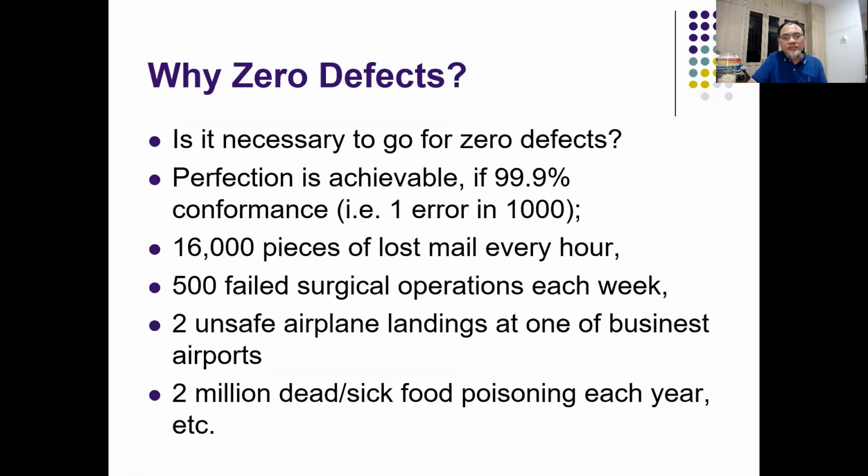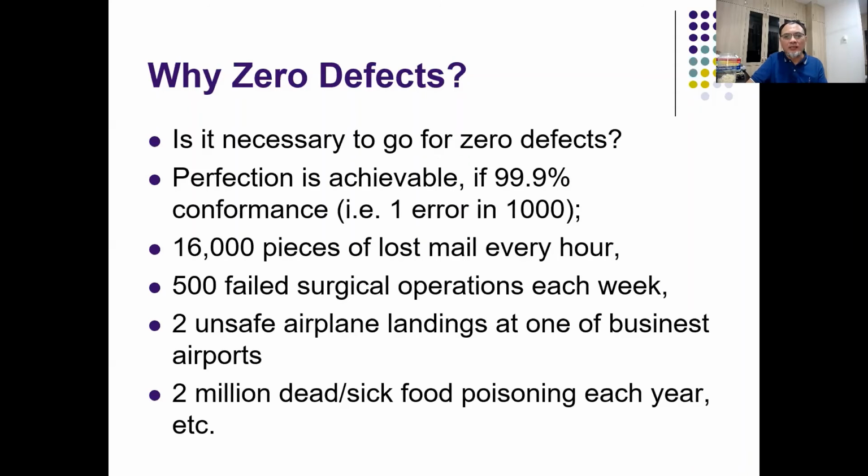Okay, is it necessary to go for zero defects? Yes, it is important because perfection is actually achievable. Imagine if you say that your process is 99.9% conformance, which is there will be one error or one defect or one mistake for every 1,000 parts or process that you complete.